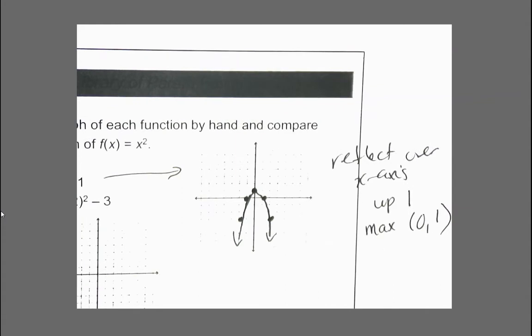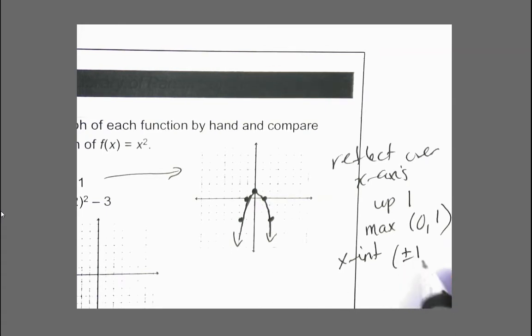The next one, can we also find the x-intercepts? Yes. So I'm going to ask that question too, because that's an old school question. What's the x-intercepts there? Well, you can see it. It's going to be what? Plus or minus 1, comma what? 0. The question is, how do you get it? How do you get the x-intercepts? You set it equal to what? 0. You set it equal to 0.